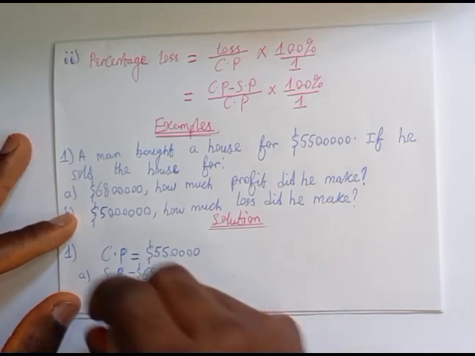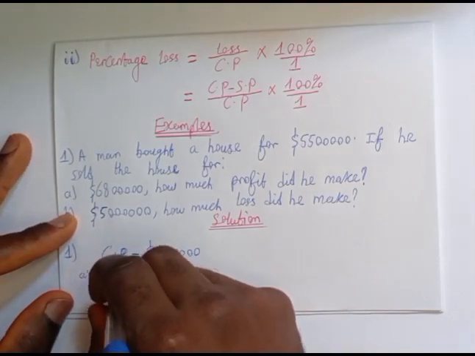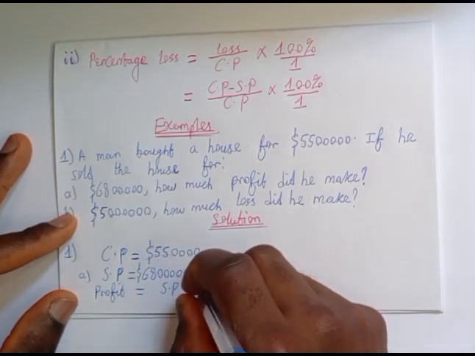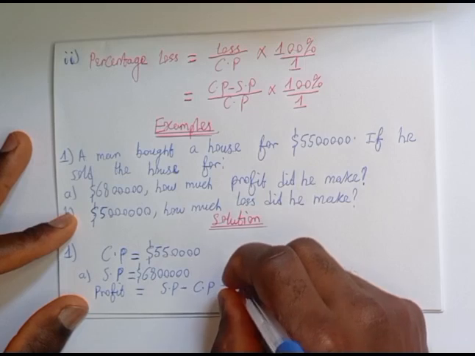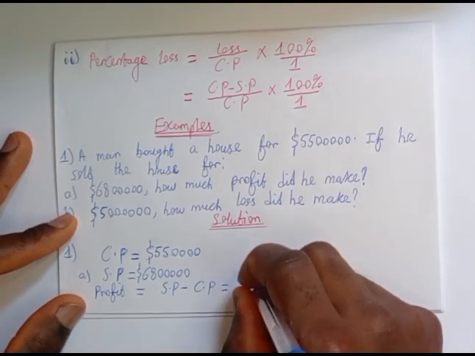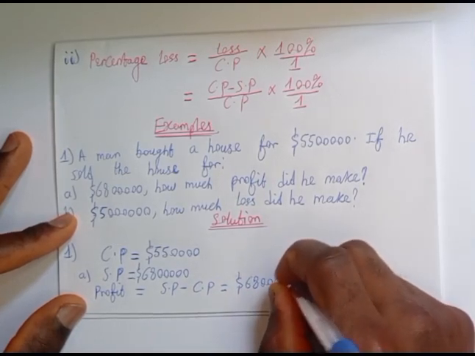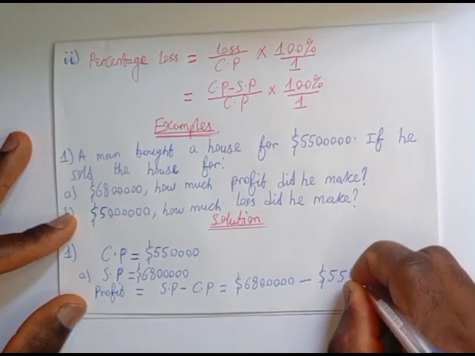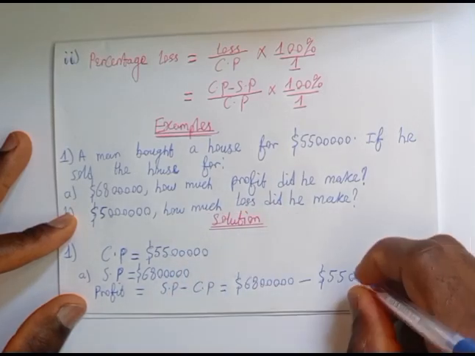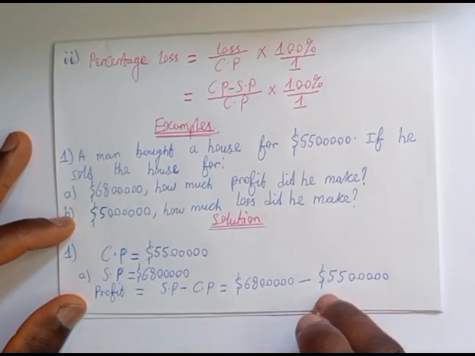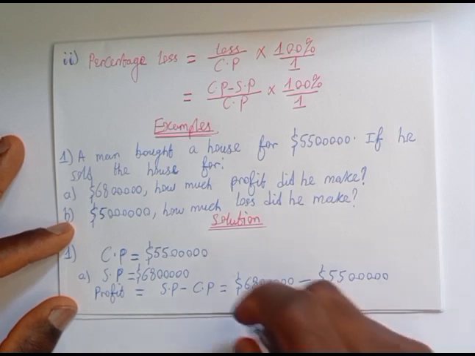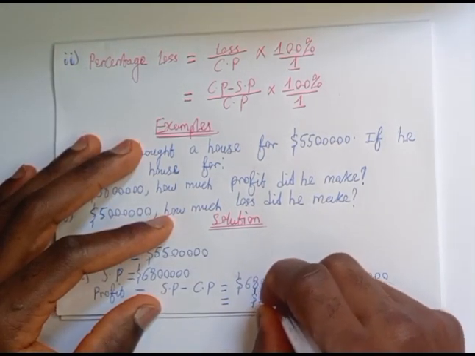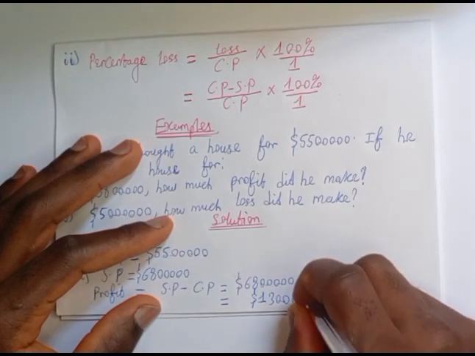We are required to find the profit the man made. Profit is given by selling price minus the cost price, and this will be equal to $6,800,000 minus $5,500,000, and this will simply be equal to $1,300,000.